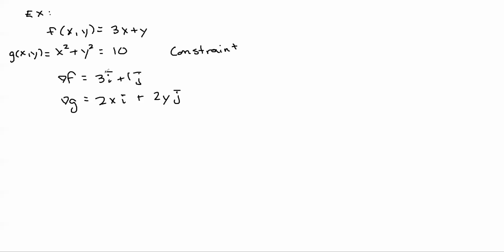So effectively, that sets the partials with respect to x equal and the partials with respect to y equal with a lambda offset. So you're going to have 3 equals 2x lambda, and then 1 equals 2y lambda. And then finally, you're going to take your constraint and include it with the two equations you just created. So we've created a little system of equations that we need to go through and solve.